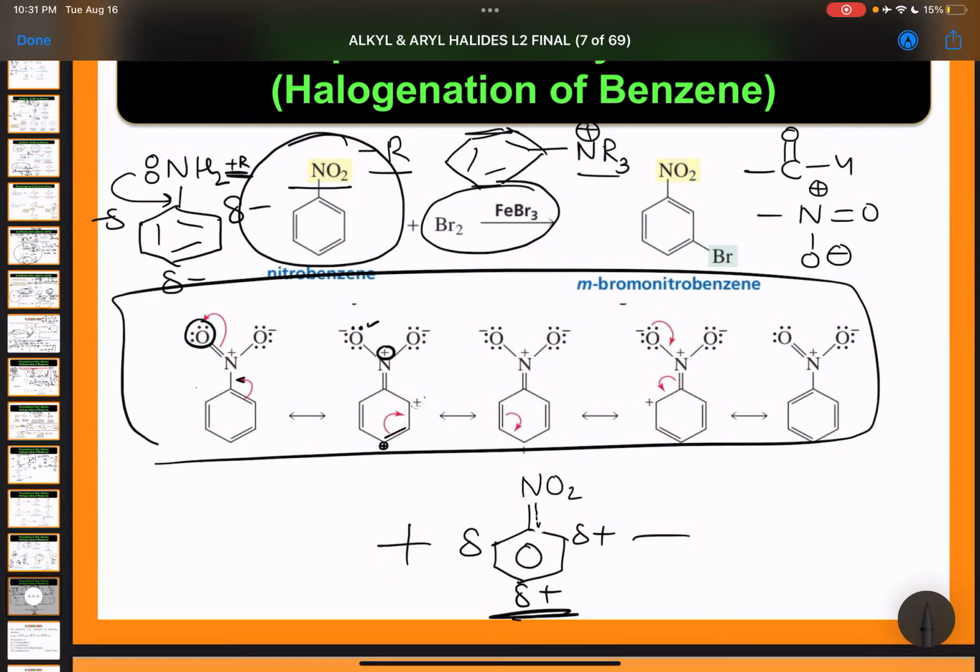Is nitrobenzene an activated ring for electrophilic aromatic substitution, or is it a deactivated ring? If it can react faster, then it is activated as compared to benzene. But if it is reacting slowly, then it is deactivated. So how will I decide?